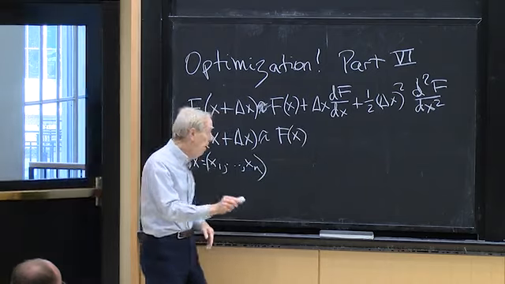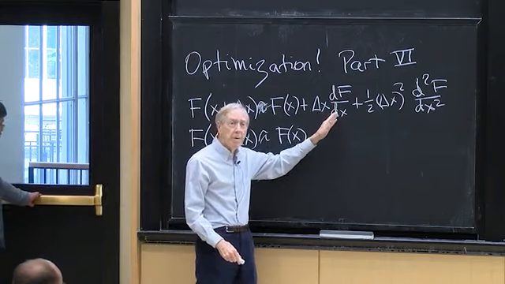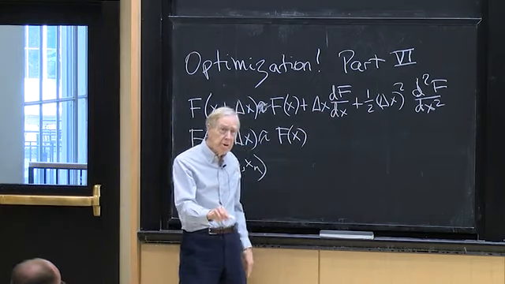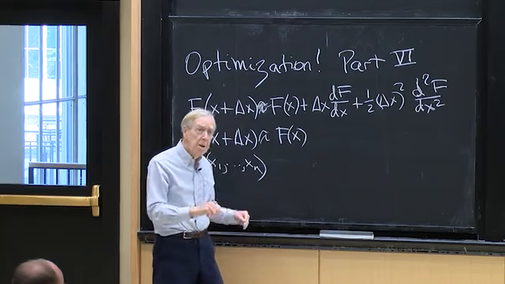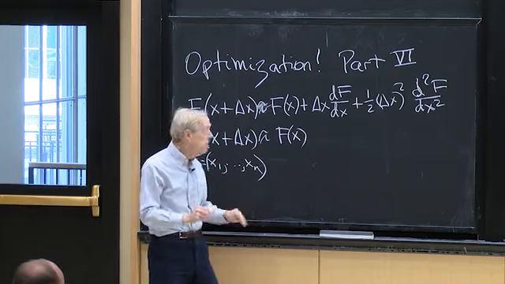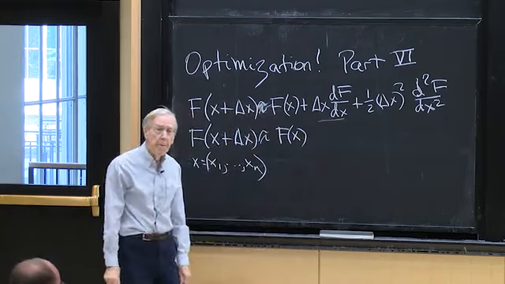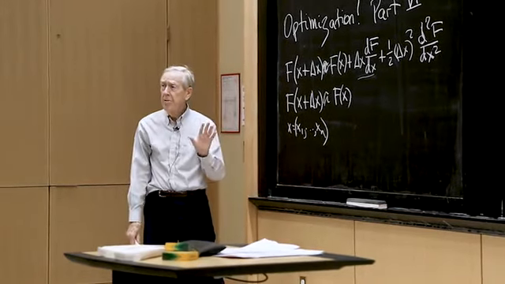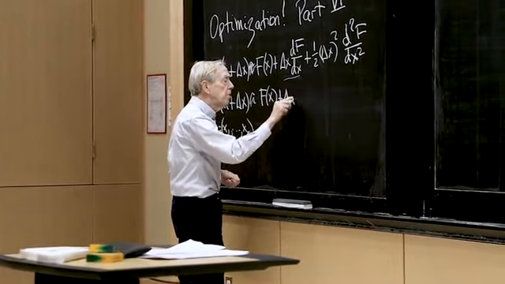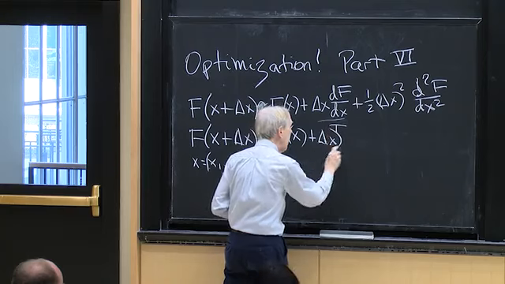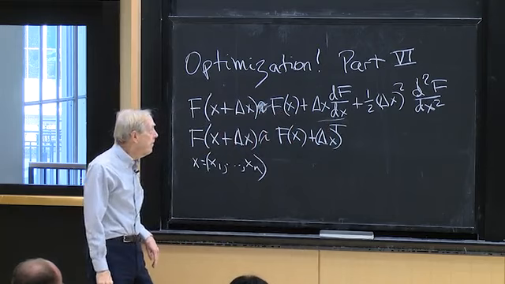It's a vector, delta x1 to delta xn. And what about the derivative of f? It's a vector too. The derivative of f with respect to x1, the derivative of f with respect to x2, and so on. Those are vectors, so it's their dot product. So it's delta x transpose, that vector, times this df dx.